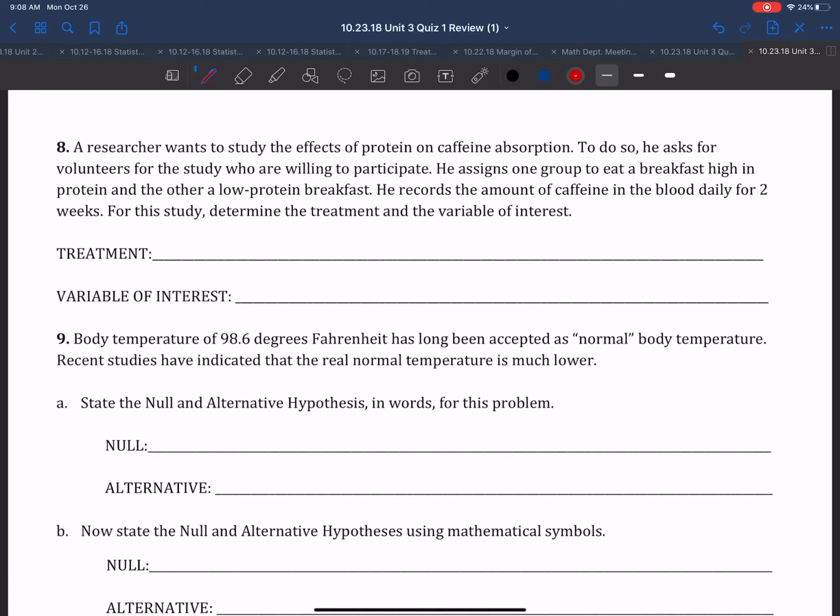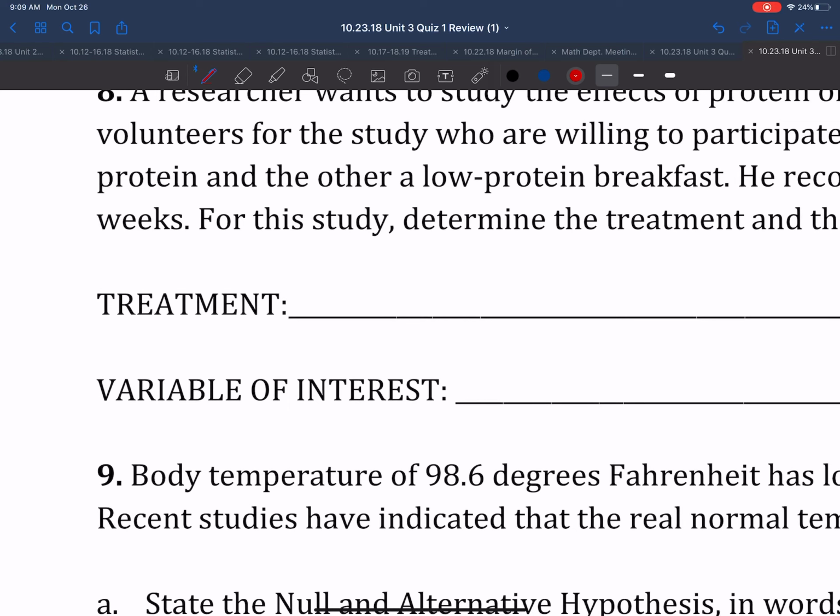Now, number 8 says a researcher wants to study the effects of protein on caffeine absorption. To do so, he asks the volunteers for the study who are willing to participate. He assigns one group to eat a breakfast high in protein and the other a low-protein breakfast. He records the amount of caffeine in the blood daily for 2 weeks. For this study, determine the treatment and the variable of interest. So remember, treatment is what is being applied to people. So I'm going to make a little note.